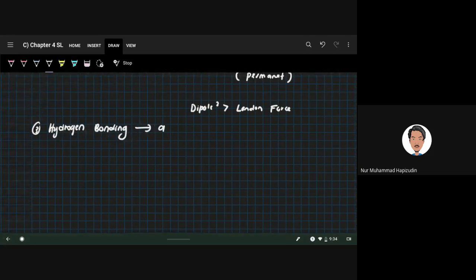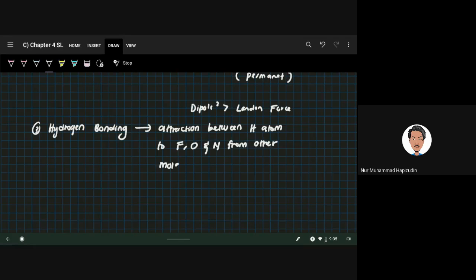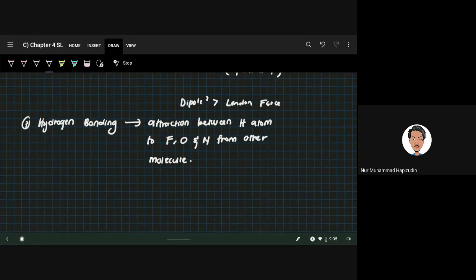Hydrogen bonding is attraction between hydrogen atom to fluorine, oxygen and nitrogen from other molecule. Ingat FON, ingat dia katakan phone. Attraction between hydrogen atom to fluorine, oxygen or nitrogen from other molecule.